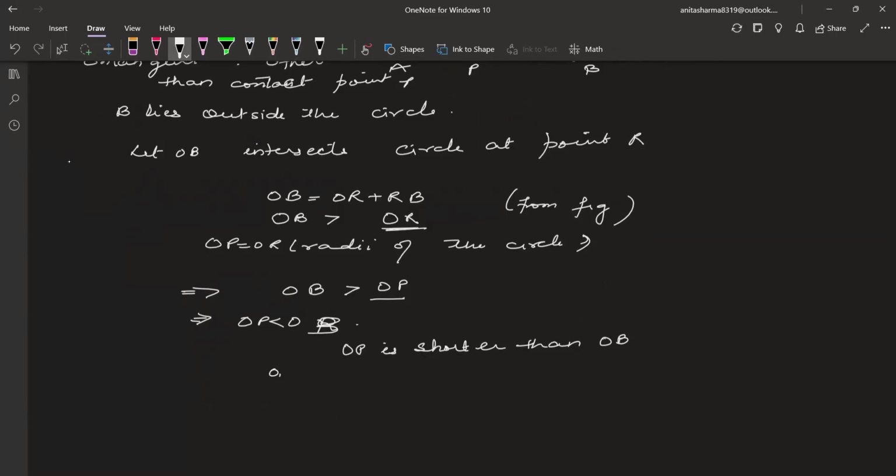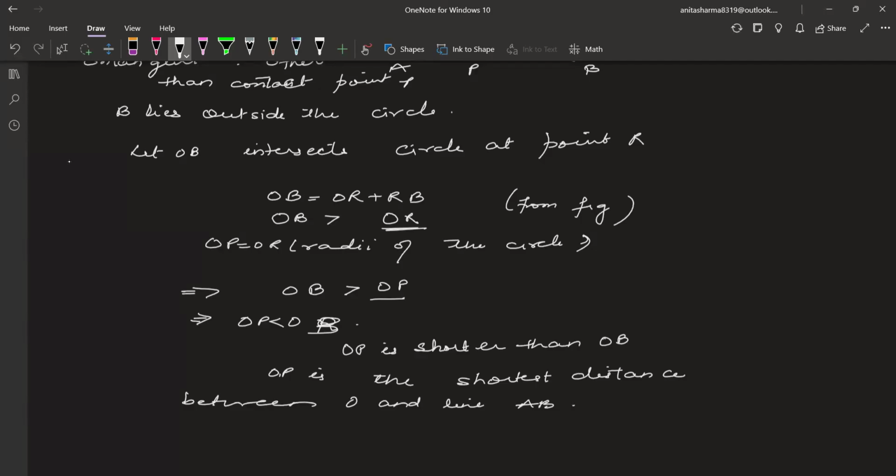OP is the shortest distance between O and the tangent line AB, right, beta? Yes, ma'am.